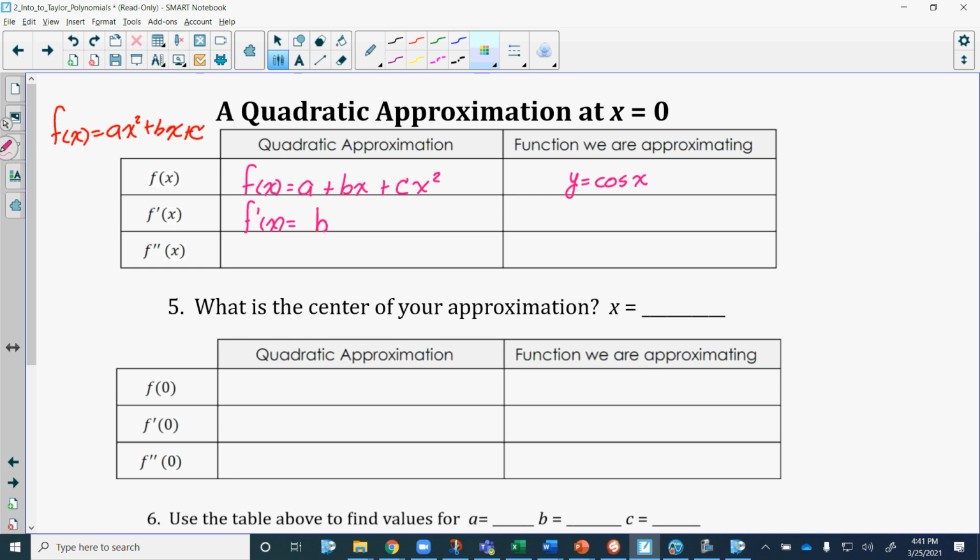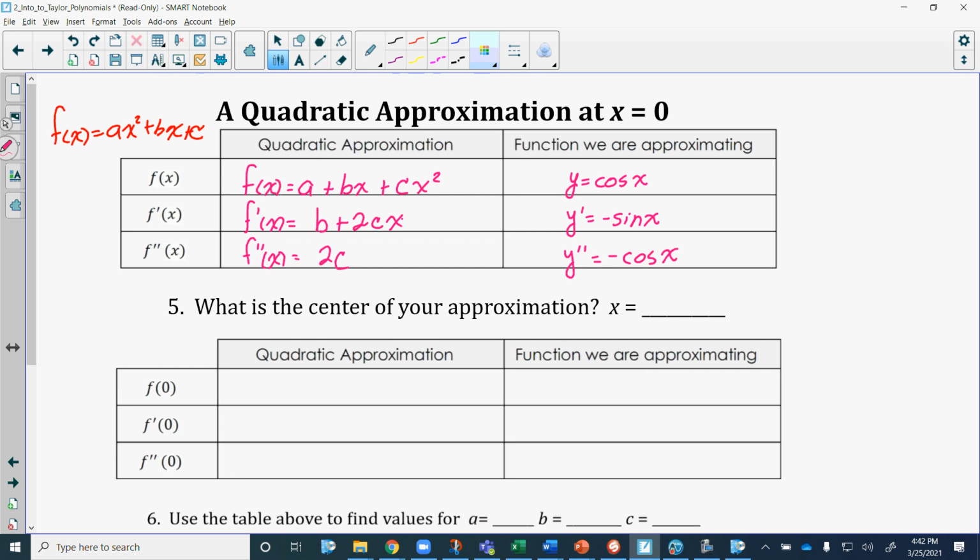And I'm going to have b plus 2c times x. And the first derivative of cosine, so y prime, would be negative sine of x. And then we'll go to a second derivative here. So f double prime of x will be, in this case, just 2 times c. And the second derivative of cosine would be the derivative of negative sine, so that'll be negative cosine of x.